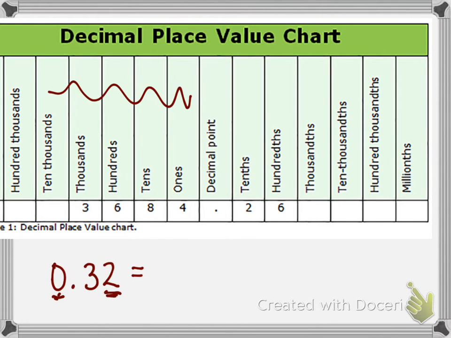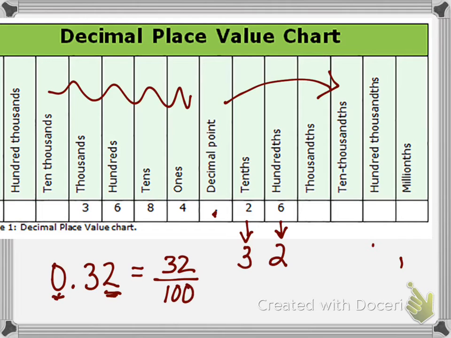To the right of the decimal is the fraction part. The 3 is in the tenths place, and the 2 is in the hundredths place. So we would say 32 hundredths, because the 2 is in the hundredths place.